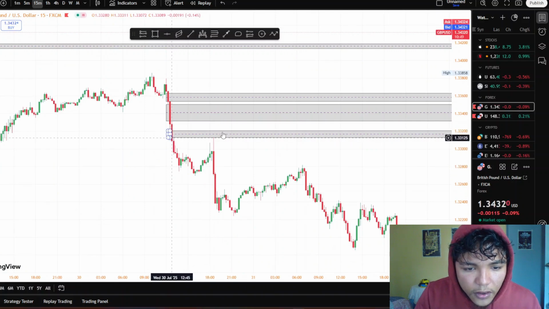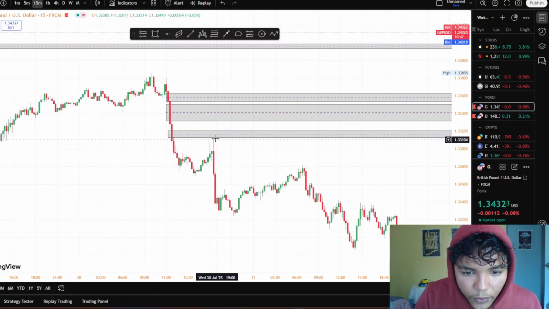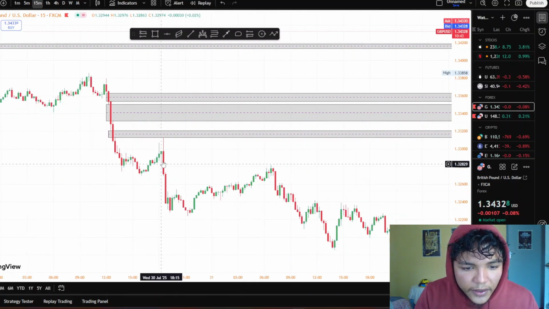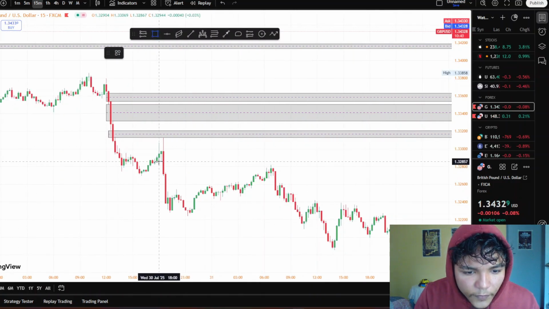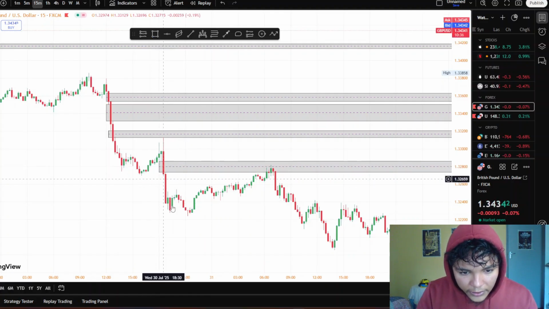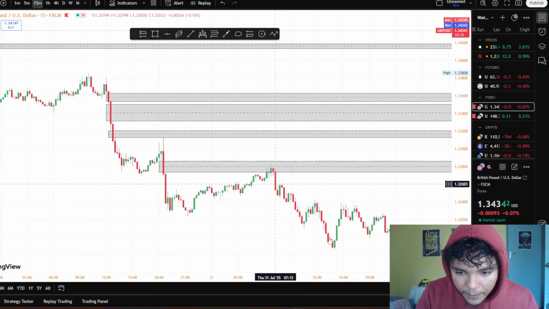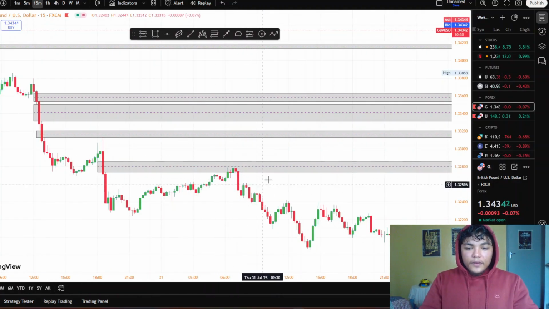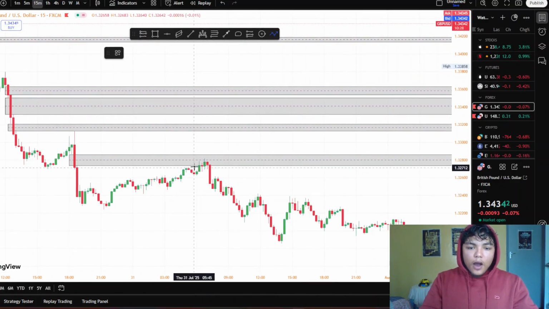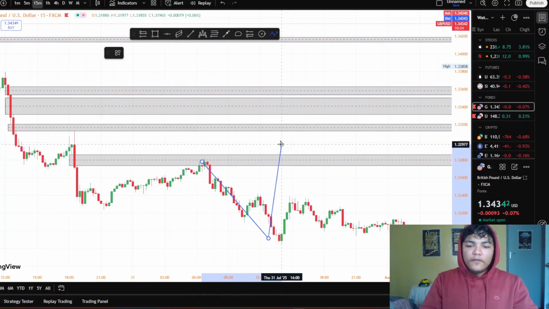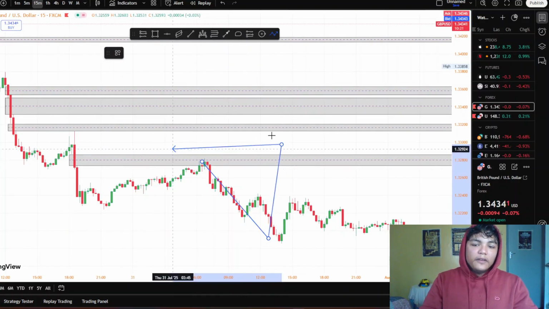As you can see, the market came to this fair value gap, went down inside it. Here we have another gap. And here, the market came down, retested this gap, came down again. If the market is going to go up again, it's going to break through this fair value gap because the orders have already been filled.